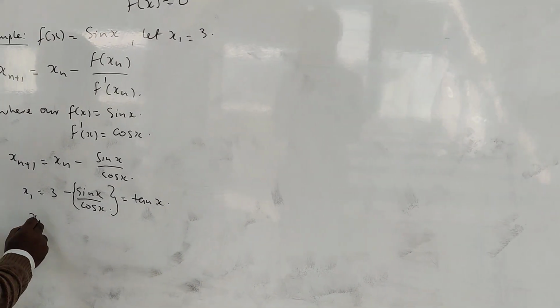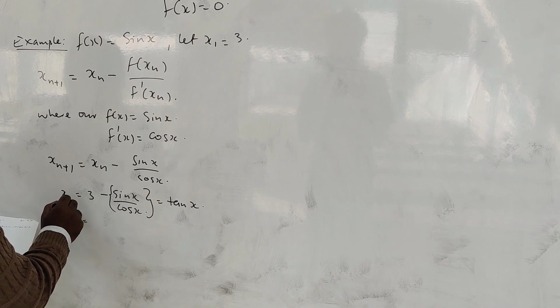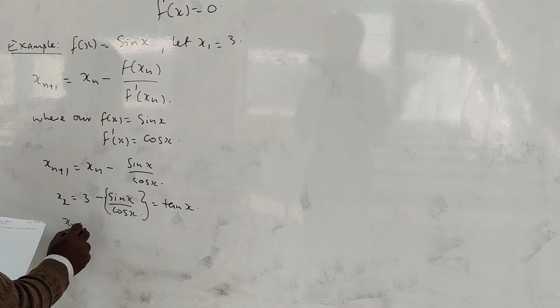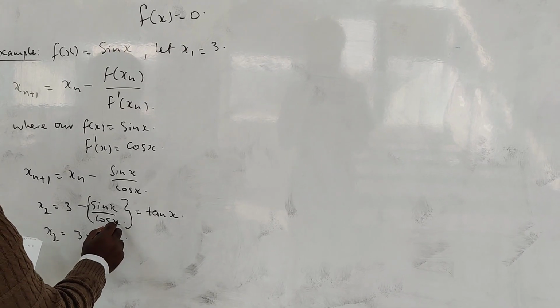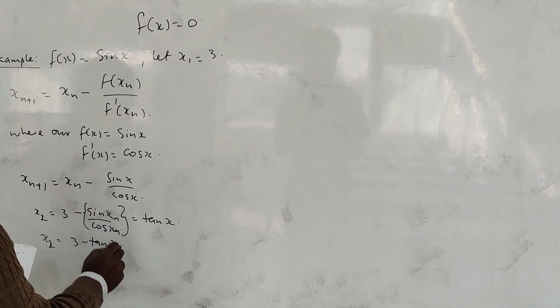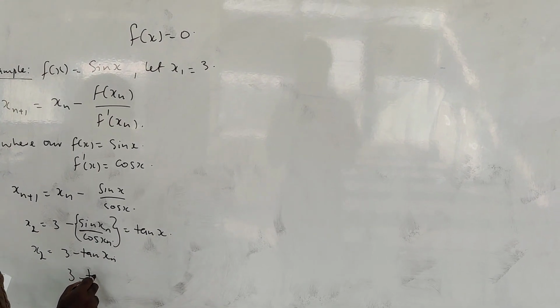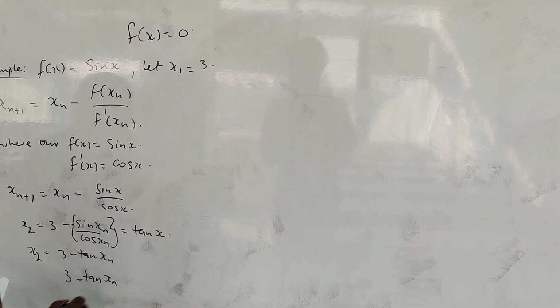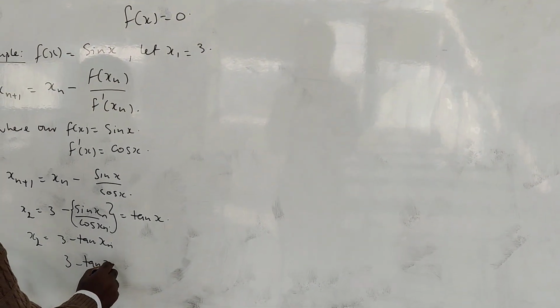So the equation is reduced to x2 equals 3 minus tan x1, where we have taken n to be 1.